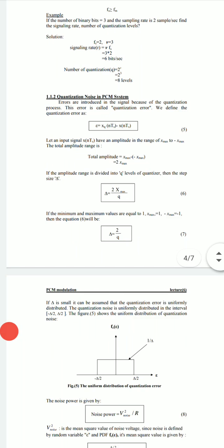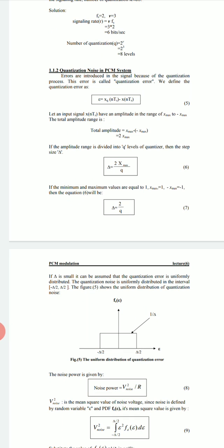Now, if delta is small, it can be assumed that the quantization error will be uniformly distributed. It means delta by 2 goes to the positive side and minus delta by 2 to the negative side. In figure 5, the uniform distribution of the quantization error is shown. So the quantization noise is uniformly distributed in the equal interval plus delta by 2 and minus delta by 2.